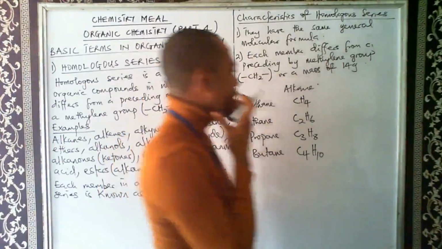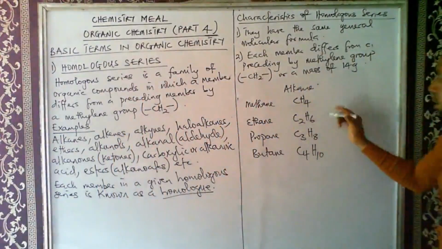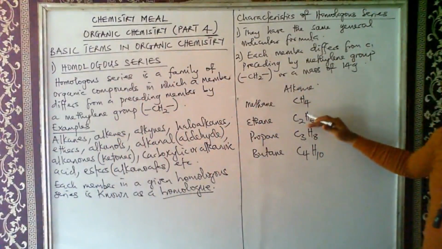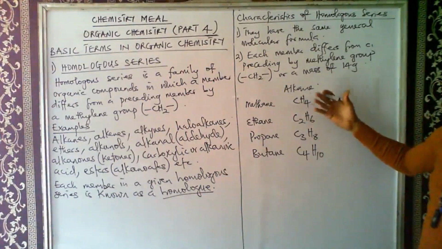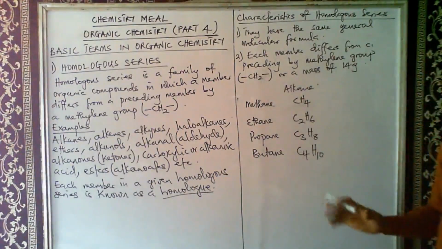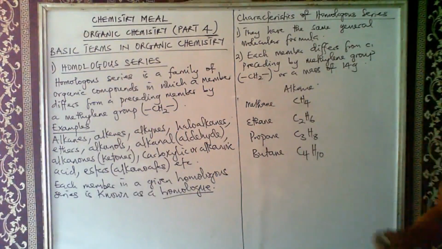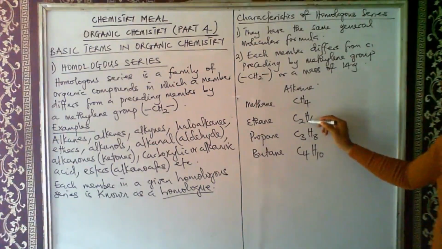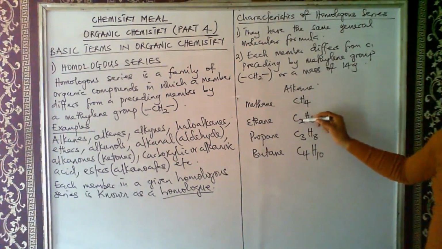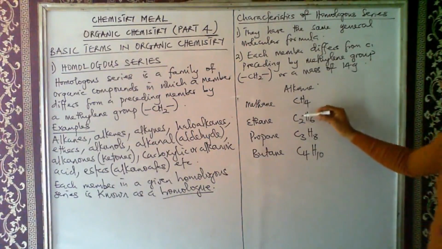Let's see the difference between them. A member will differ from the member after it, or even a member before it, by a methylene group. So after methane we have this. What's the difference between them in terms of number of hydrogen and number of carbon?